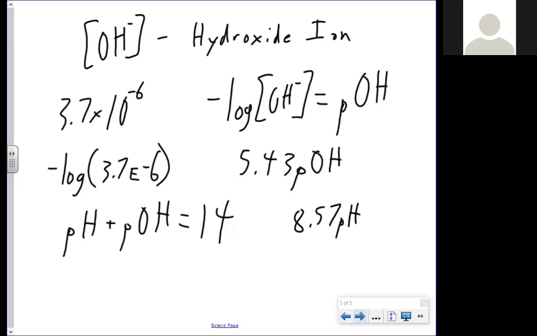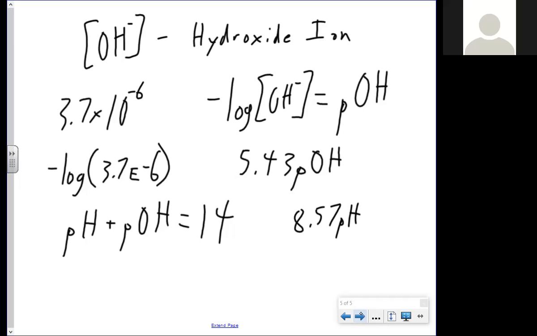So is this guy an acid or a base? He is a base, and you know that because it's above 7. So you can give me the hydroxide ion concentration or the hydrogen concentration, and you can tell me whether or not something's an acid or a base, right?